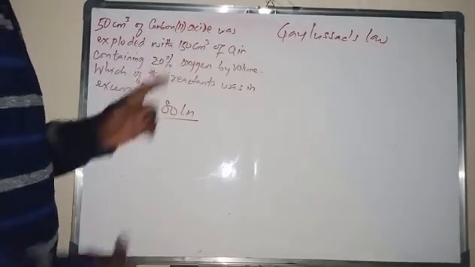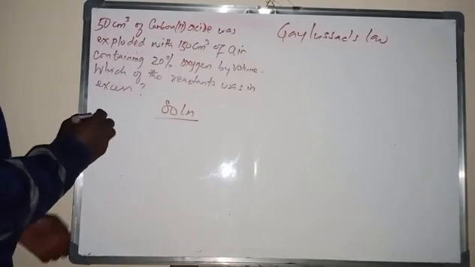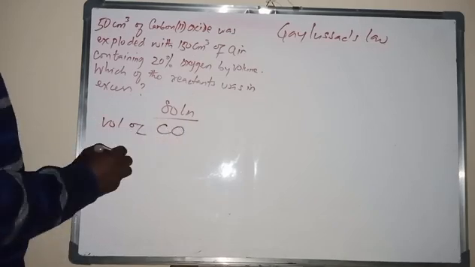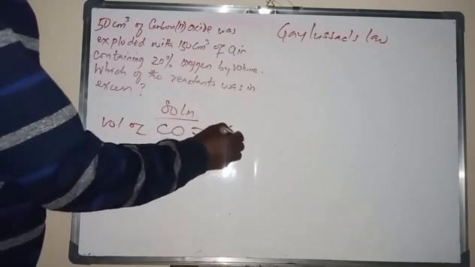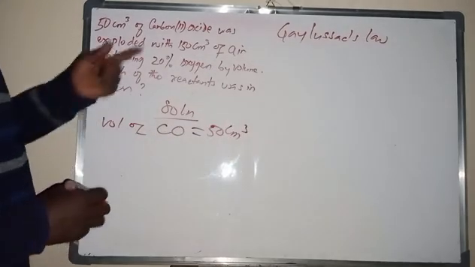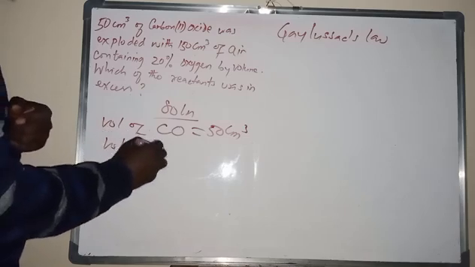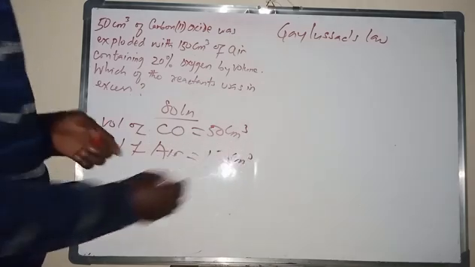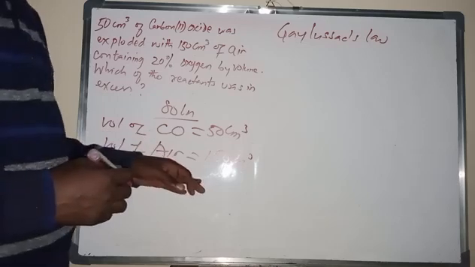So we have a volume of carbon monoxide exploded of 50 cm³, and a volume of air supplied of 150 cm³.